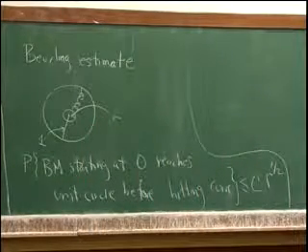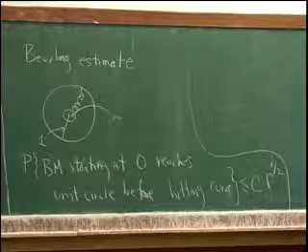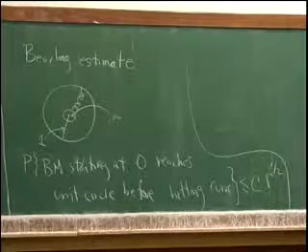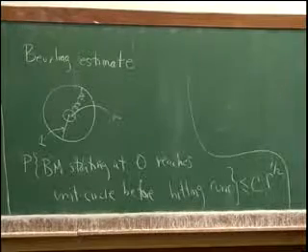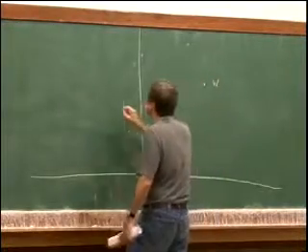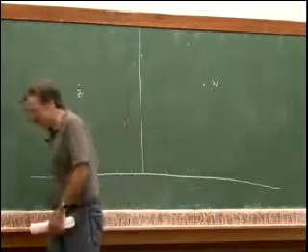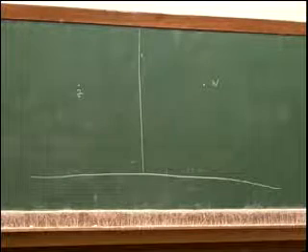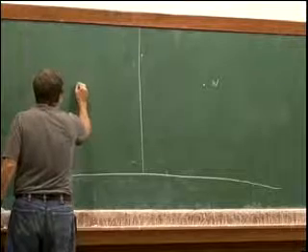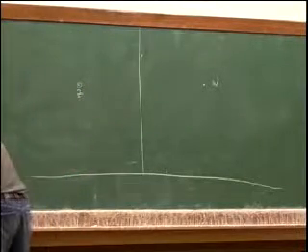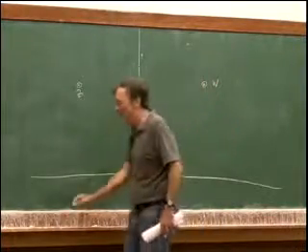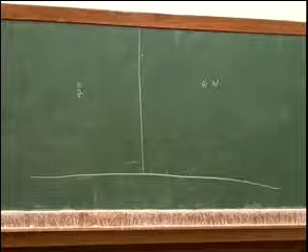Well, somewhere I want to try to get a picture here that I'm not going to erase, so maybe I'll start here. So implicitly, let me just make them very small right now. We've got two disks, one of radius epsilon, one of radius delta, that I'm trying to get into both of them.